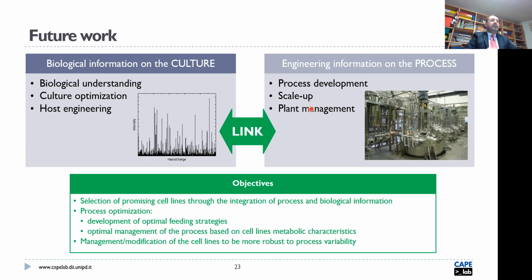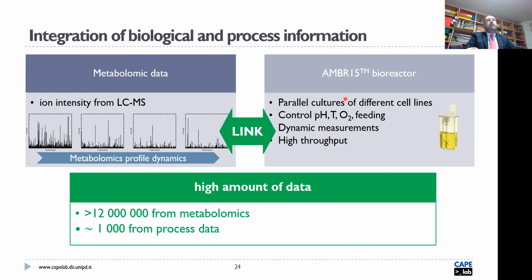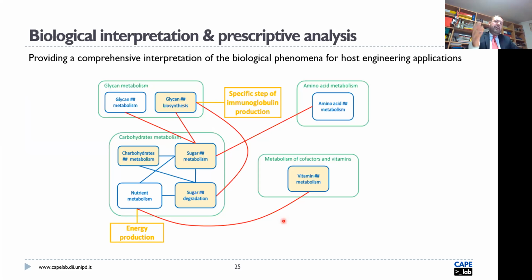So in this case, for example, we are working on the fusion of data on the Ambr 15 scale from the process and from the dynamic time profile of the metabolomics derived from spectroscopy. So we exploited this large amount of data not only to understand the relation between the process and the biology, but also to have an in-depth understanding of the metabolomic pathways.